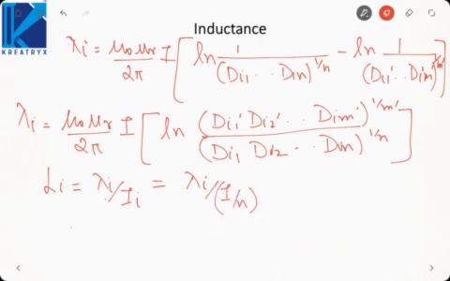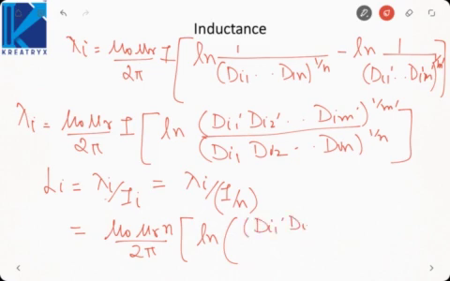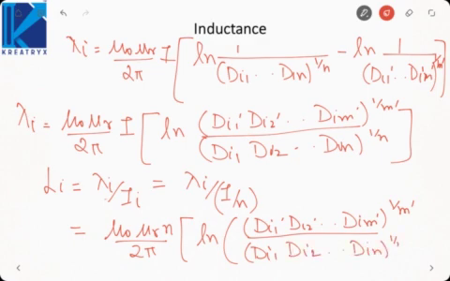So that means it will become mu naught mu r n by 2 pi ln d I1 prime d I2 prime up to d Im prime raised to power 1 by m prime, over d I1 I2 up to d In raised to power 1 by n, this one.